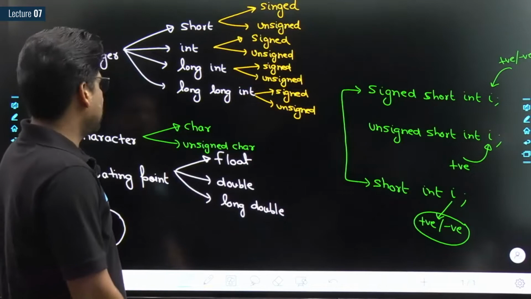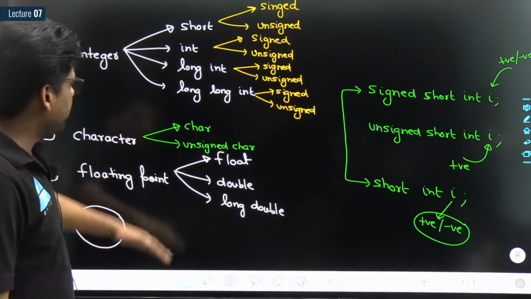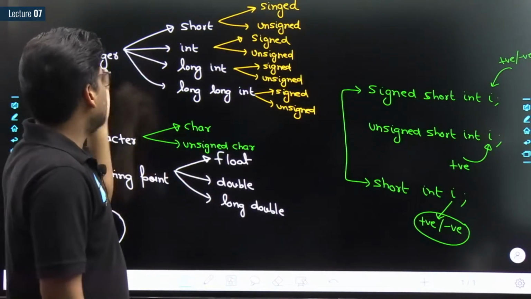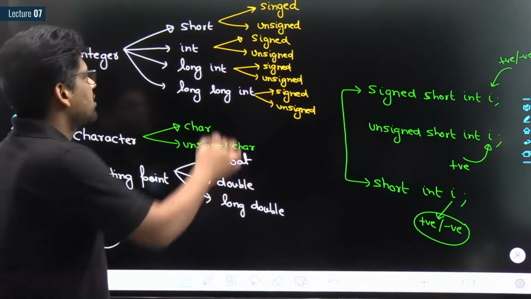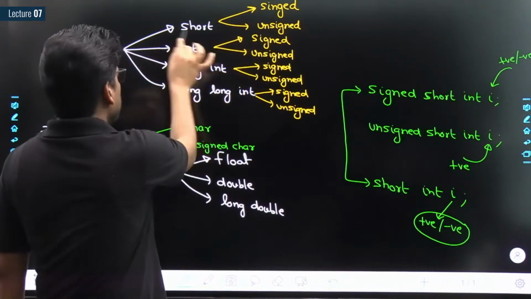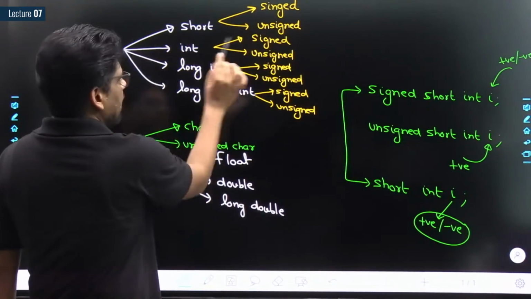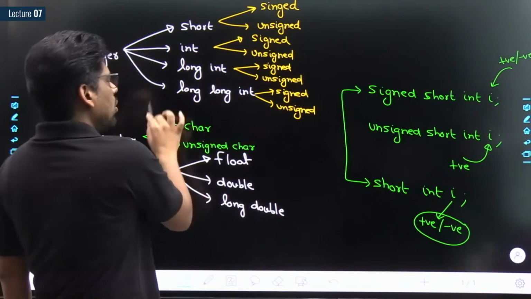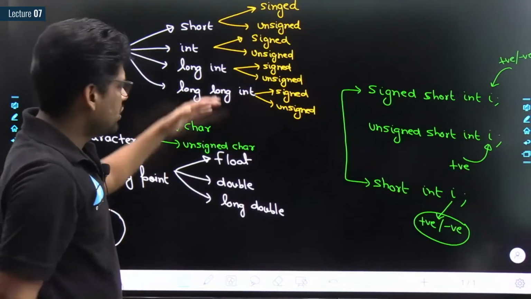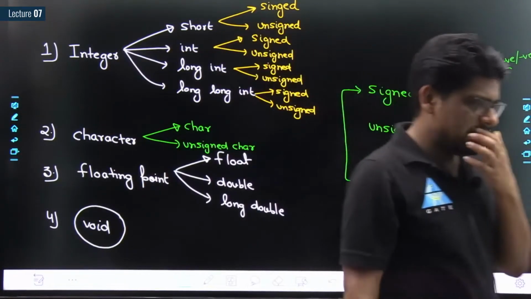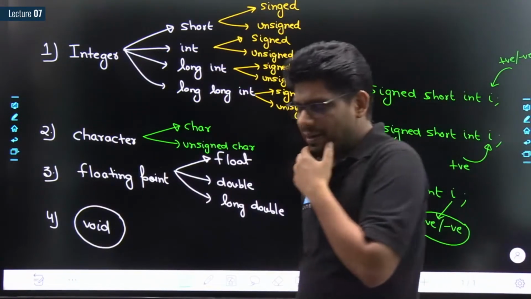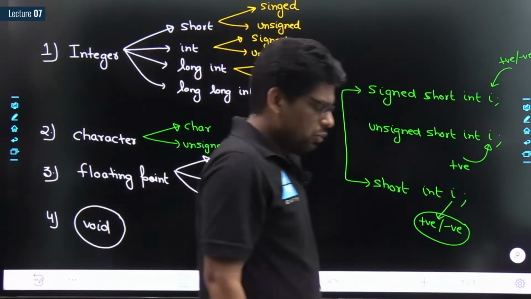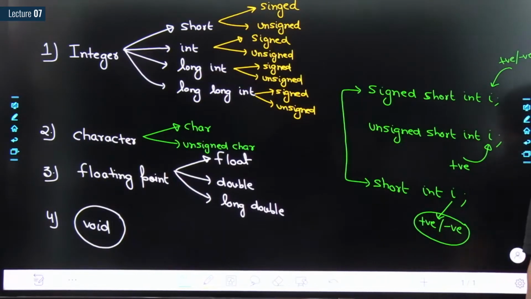This is the primitive data type category: signed and unsigned short integer, signed and unsigned integer, signed and unsigned long int. So this is a brief discussion about primitive data types. Let's move ahead, but you can take a screenshot or note it down.